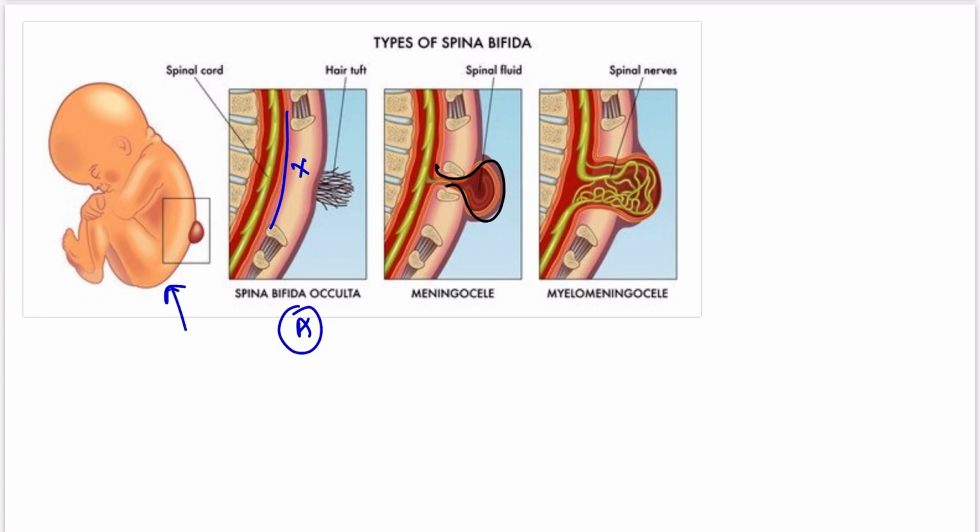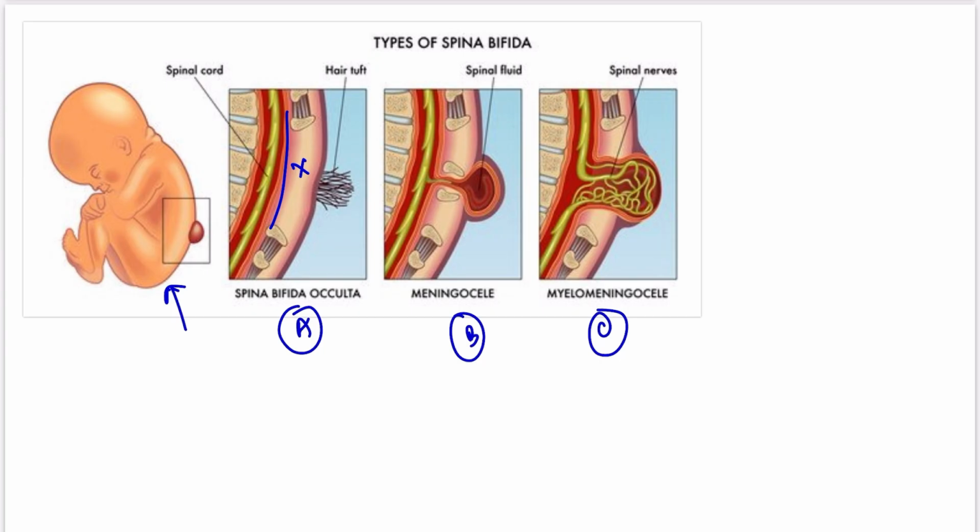On the other hand, let's look at these two types, B and C. In both B and C, I can appreciate a lump coming out of the back. In B, I can see only the meninges are protruding out and it is filled with CSF. So this is known as meningocele. And on the other hand, in C, along with the meninges, now the spinal nerves, the myelin is also migrated.